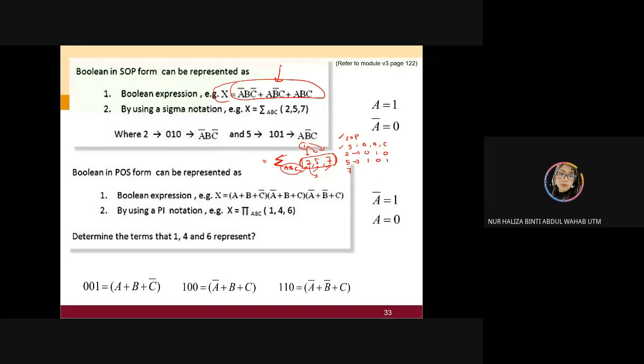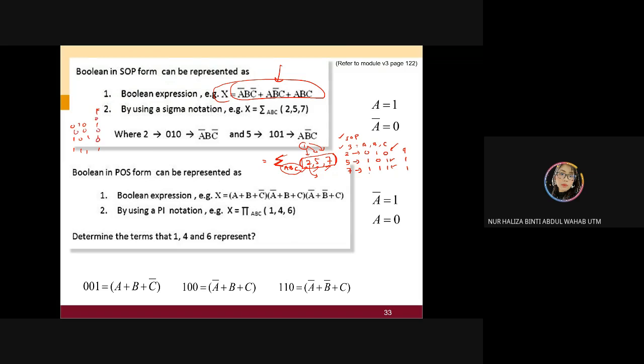Third condition is 1, 1, 1. So when you have made this, your output will be 1. If you have a truth table, you can easily get 0, 1, 0 is 1, 1, 0, 1 is 1, 1, 1, 1 is 1. The rest will be 0.